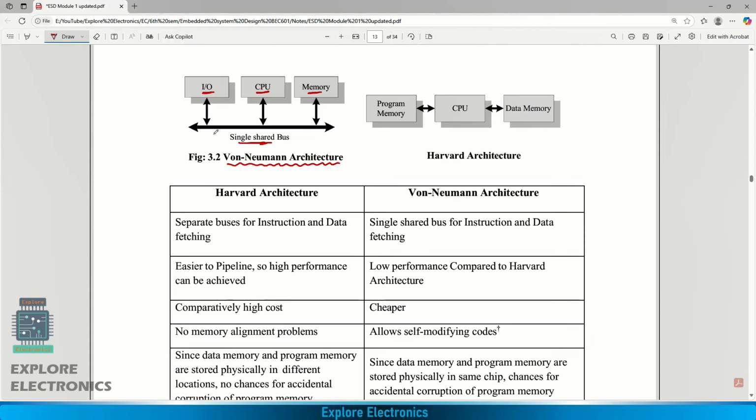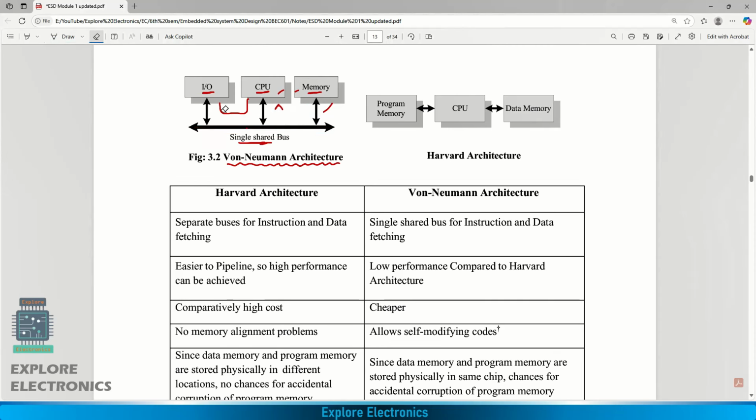Only one wired communication is there. Through this, the IO, CPU and memory all get access. If the CPU wants to communicate with the memory, it will go in this fashion, and if memory wants to communicate with the CPU, it will use this bus. At that time, the CPU cannot communicate with the input-output bus. Why? Because this shared bus is already being used for communication between memory and CPU.